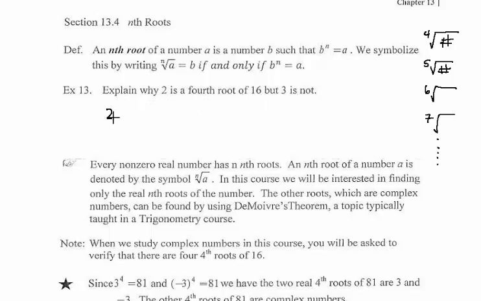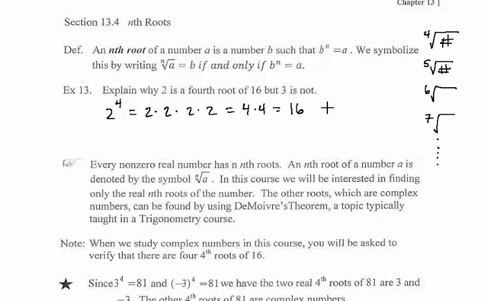So in example 13, they want us to explain why 2 is the 4th root of 16. Well, 2 to the 4th power is a 2 times a 2 times a 2 times a 2, 4 2's multiplied. Each pair of 2's gives us a 4, and 4 times 4 equals 16.